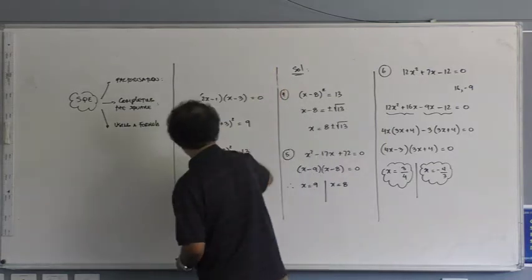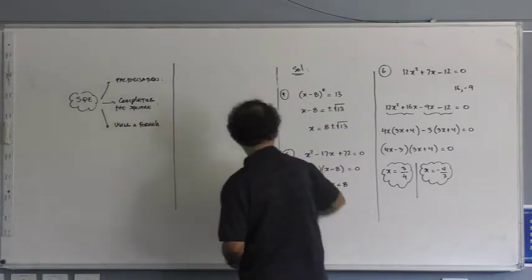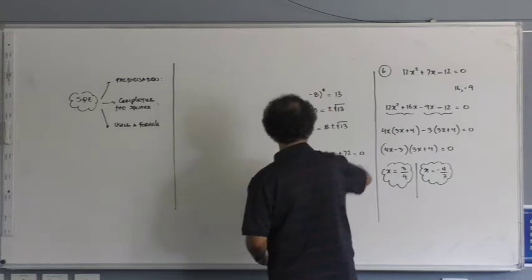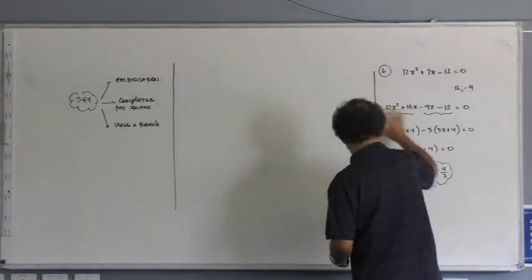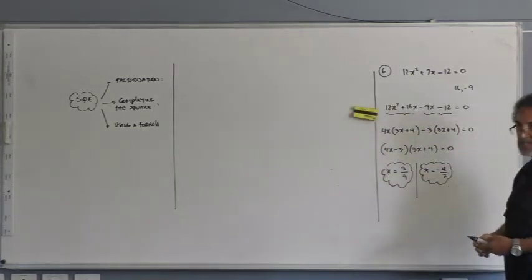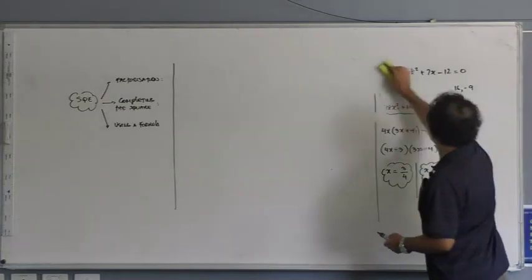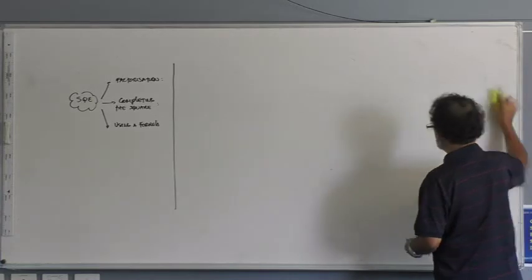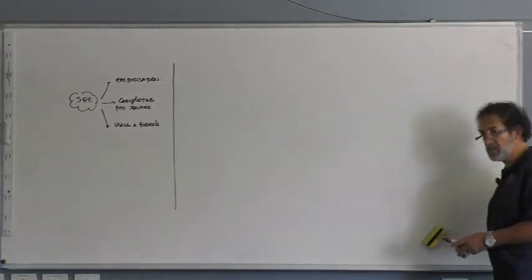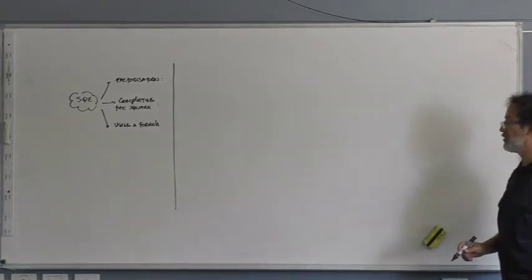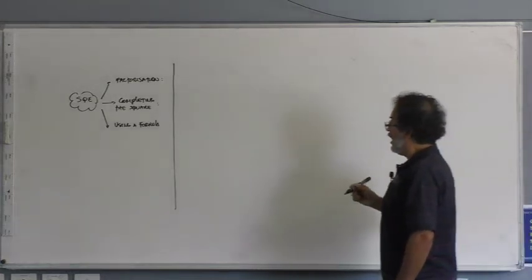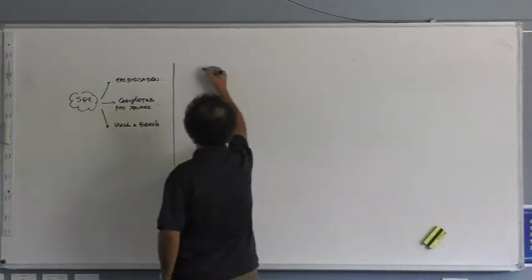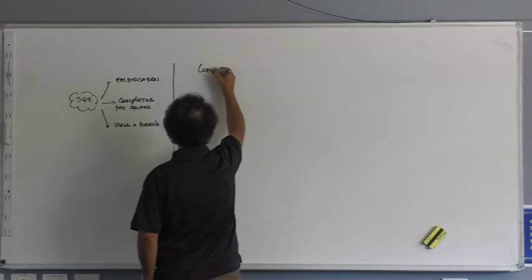So this is all about factorization. We solve this equation using factorization, expressing the equation in factors, and then go from there. All right, so now completing the square.